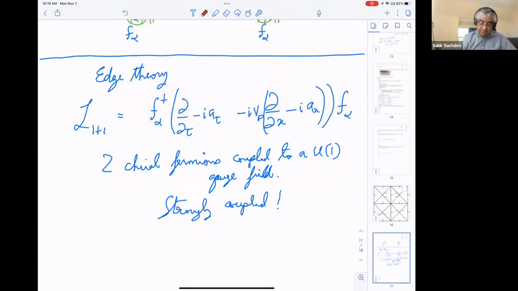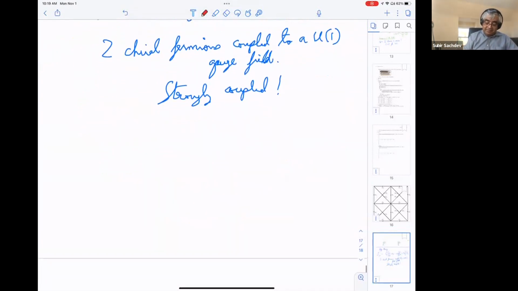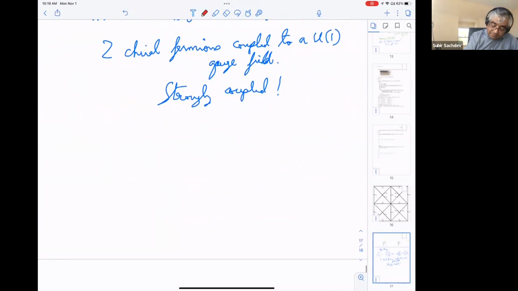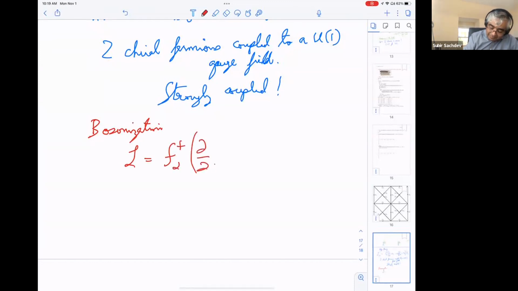All right, so let's go back to the original theory, which was just free fermions. So I have to now introduce the techniques of bosonization. I had a theory which was just free fermions, which is F dagger alpha. So here at least I'm on firm ground.